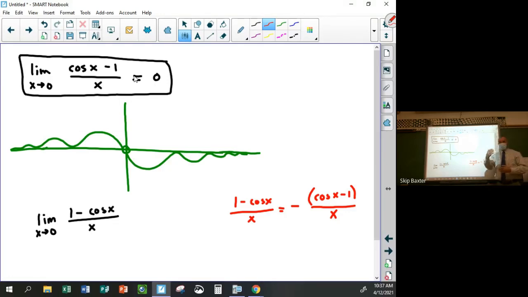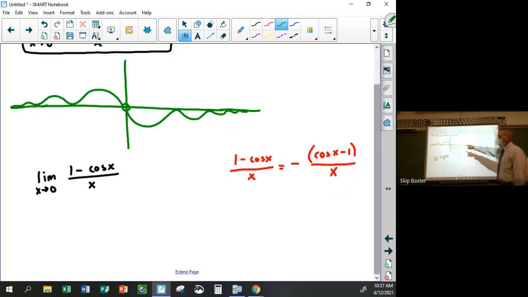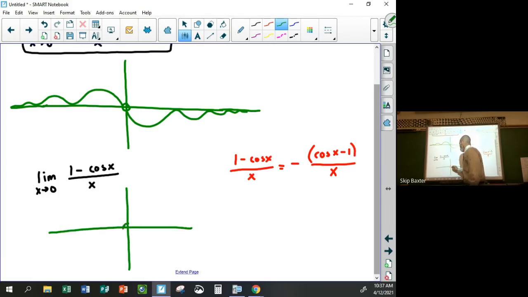It reflects it over the x-axis. So this graph is going to look exactly the same as this green graph, except it's going to be in the opposite quadrants. There's going to be a hole here, but then it's going to go up first, and then down over here. It's just the flip of that function. So this limit's still going to be 0.